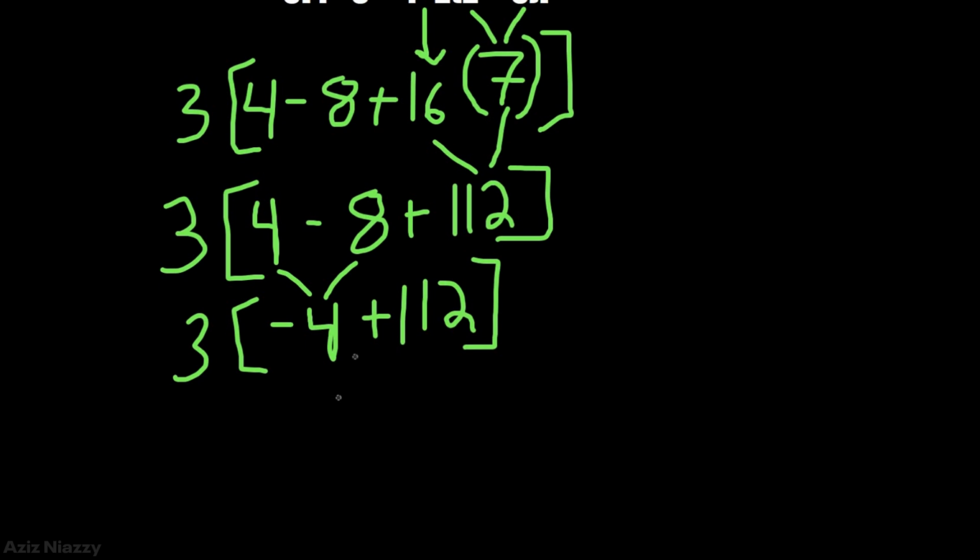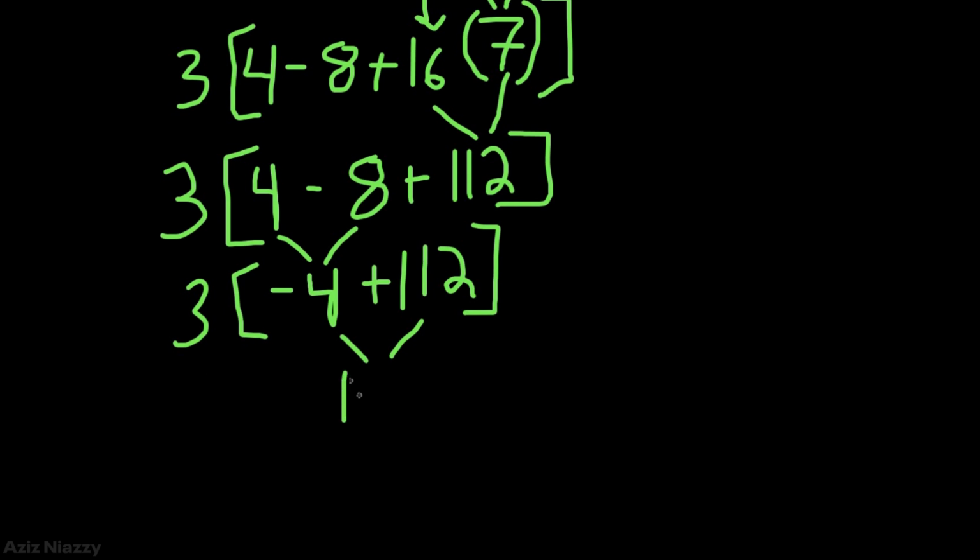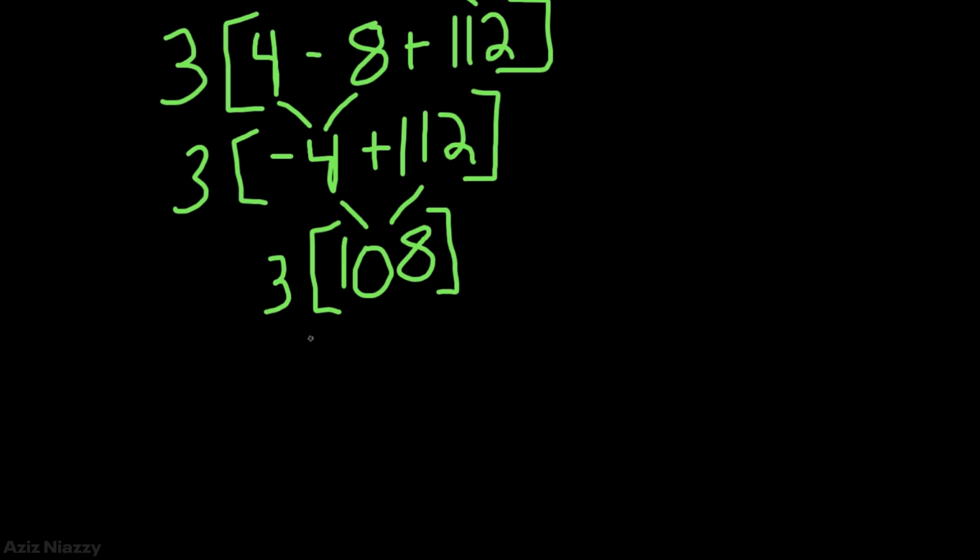So negative 4 plus 112 is 108. And now we just have to multiply by 3. And 3 times 108 is 324.